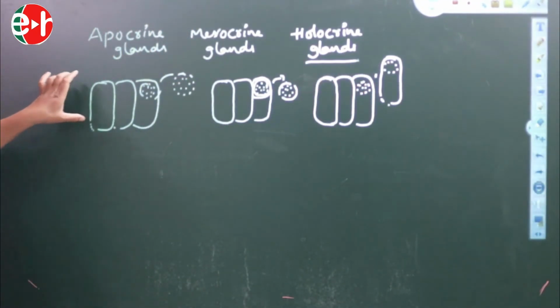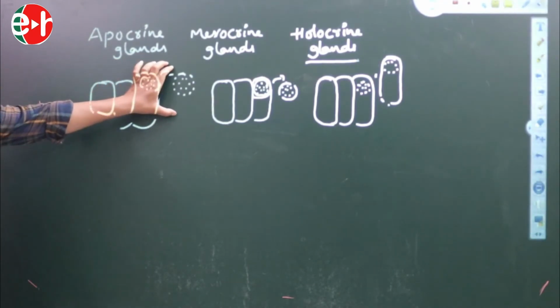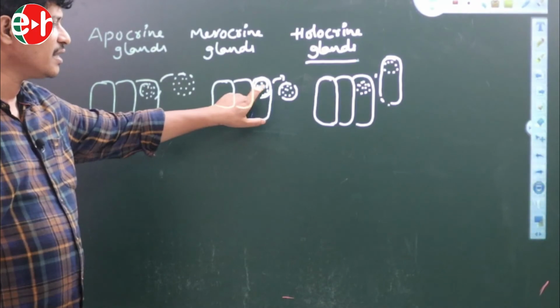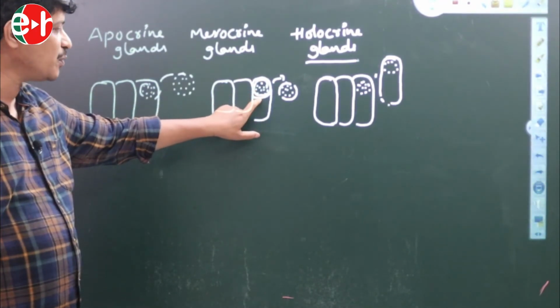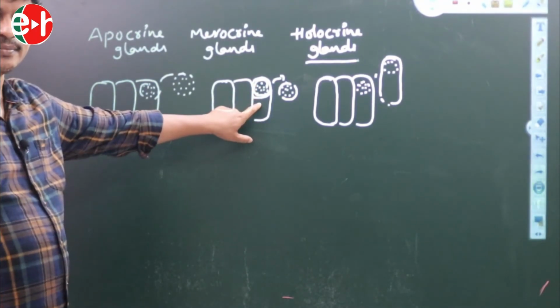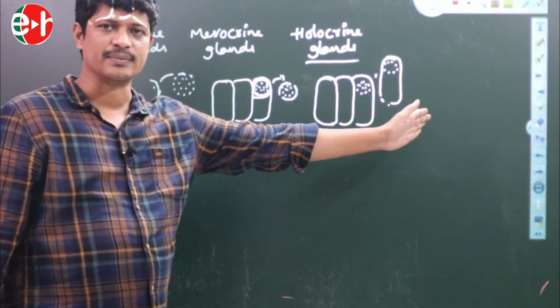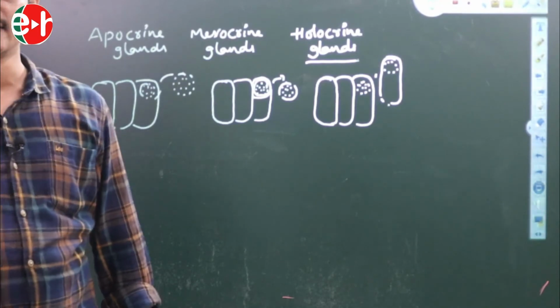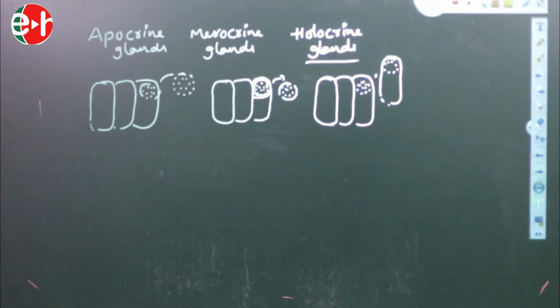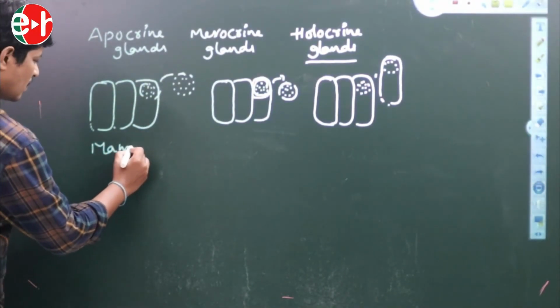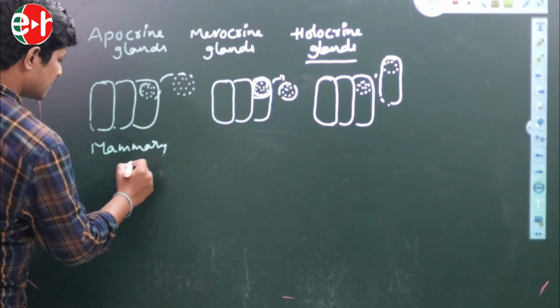In apocrine gland, only secretory granules are released. Whereas in merocrine gland, where the secretory granule is present, that part is pinched off the remaining cell. In the holocrine gland, the complete cell disintegrated. This is holocrine glands. These are different types of the glandular tissues. Apocrine glands, example, mammary glands.